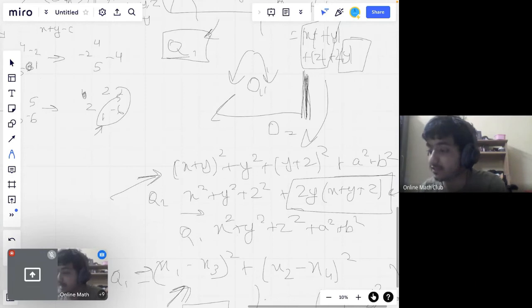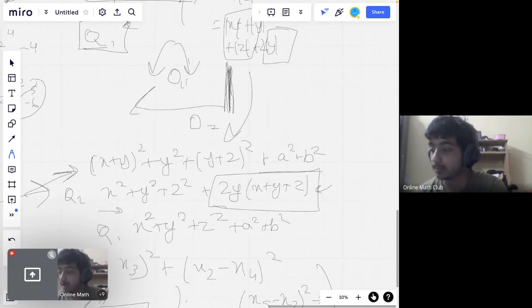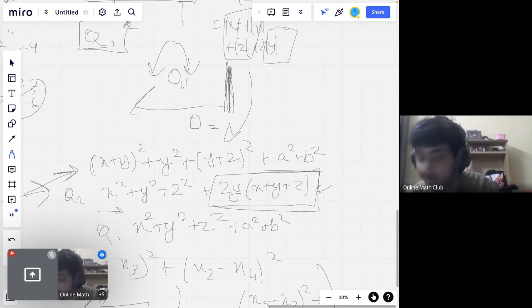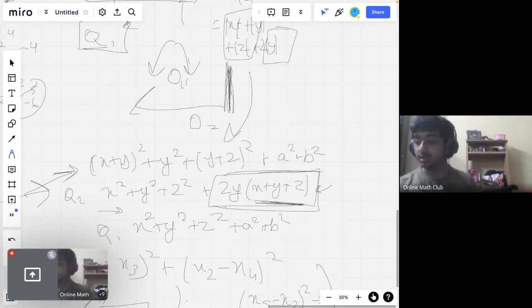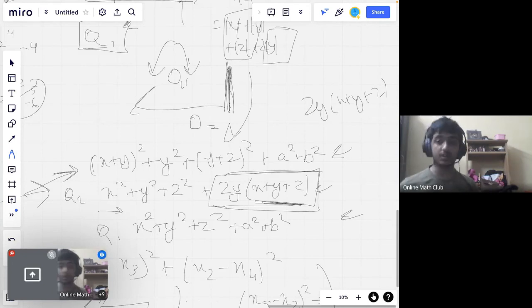This square is a very important clue, because here the difference between the two numbers is 2y(x plus y plus z), and we could have shown that these numbers are always positive. And if we could have shown that this 2y into (x plus y plus z) is always negative, the question would have been done.